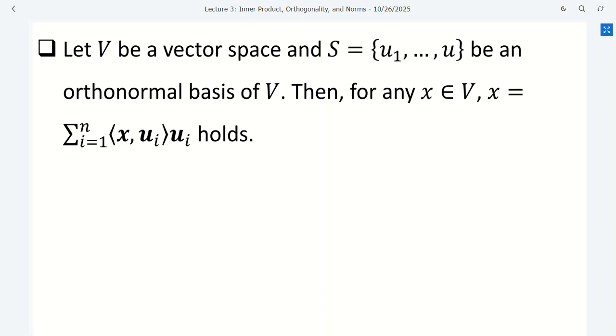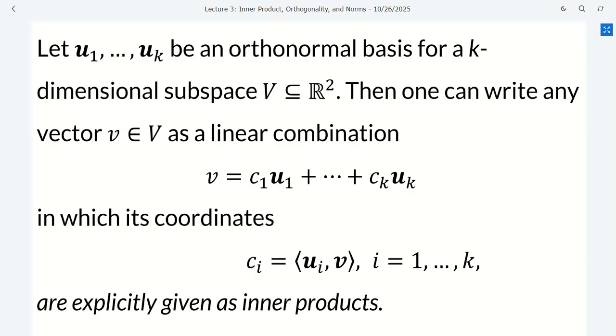So let's have a vector V of vector space and S an orthonormal basis, and all these things are in the vector space V. We can express that vector using the orthonormal basis in this format. Now, this is not clear, but let's come here so that it will make a little bit of sense to you.